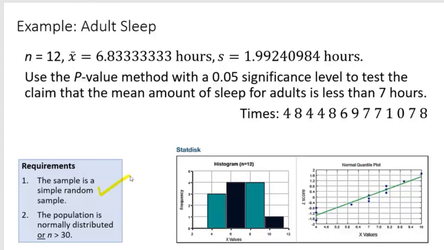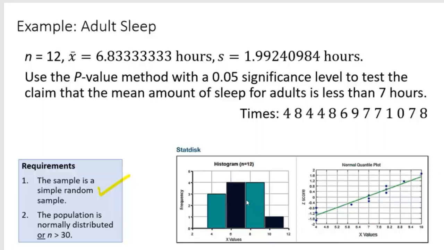We've already determined that it was a simple random sample because it said so. But when you look at this, it does kind of fit a straight line pattern. As we increase on the x, we fairly steadily increase on the y's. So it's going generally uphill, so we would assume the next values would be somewhere in this area. That's how your normal quantile plot lets you look at it.